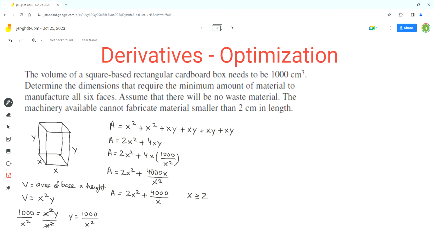Now in this case there is no upper limit for x, because as y decreases in value, x will keep on increasing in value.